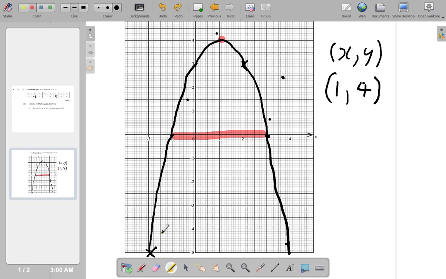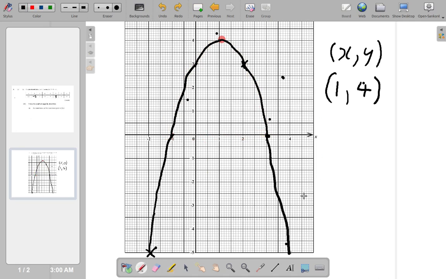Alright? So they coincide with where f of x is greater than 0. So right along here horizontally would be the range of values of x. So that range of values of x goes from -1 all the way to 3.